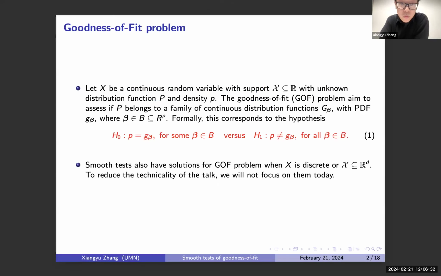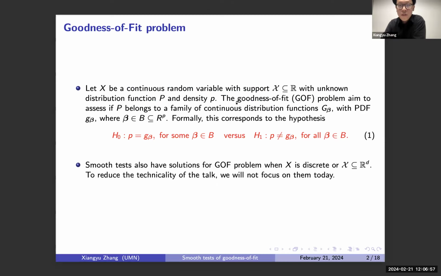So first, we will introduce the goodness of fit test problem, because the smooth tests, after all, are a solution for goodness of fit problems. The setting here is that we consider X to be a continuous random variable with support curly X, a subset of R^1. It has some unknown distribution P and density small p.